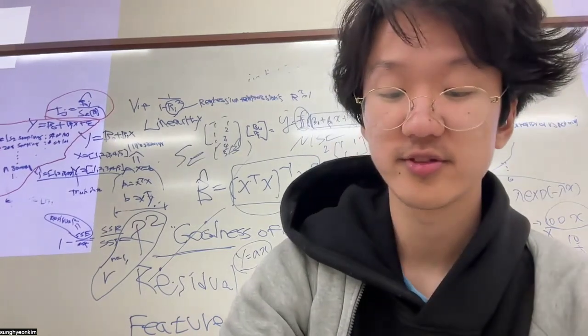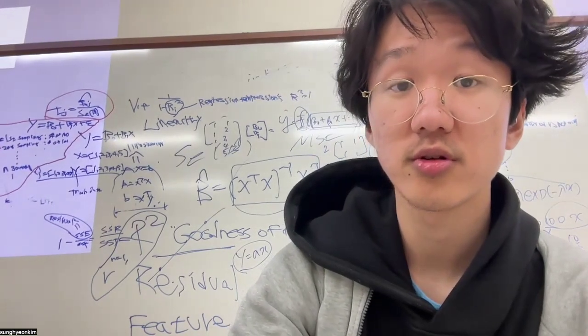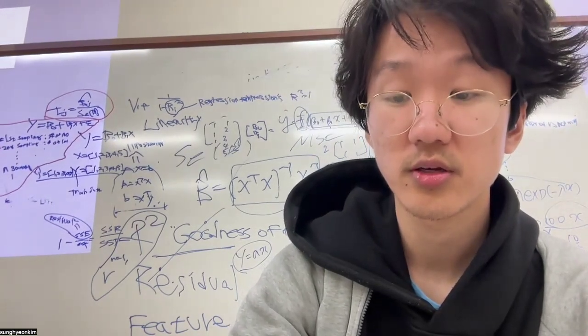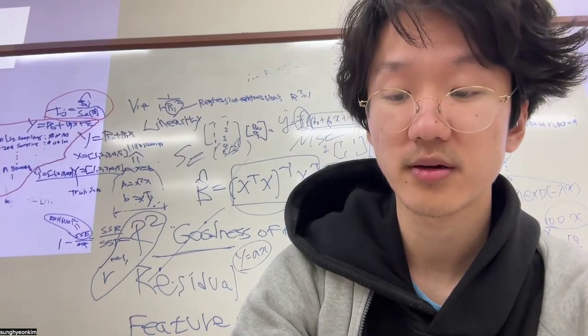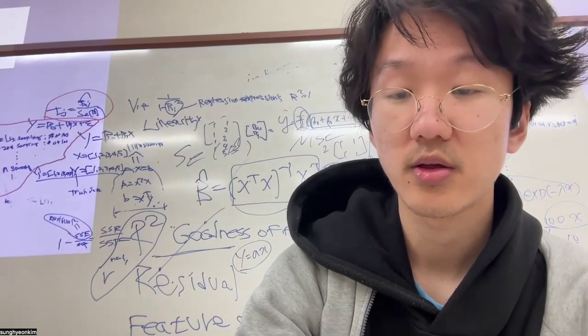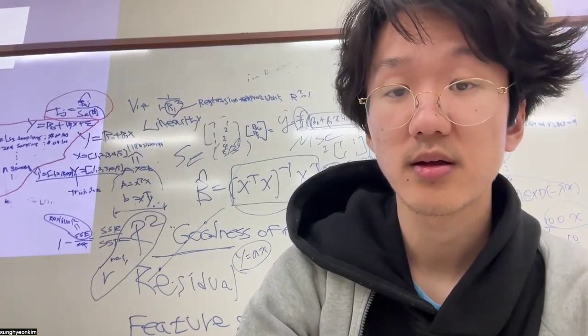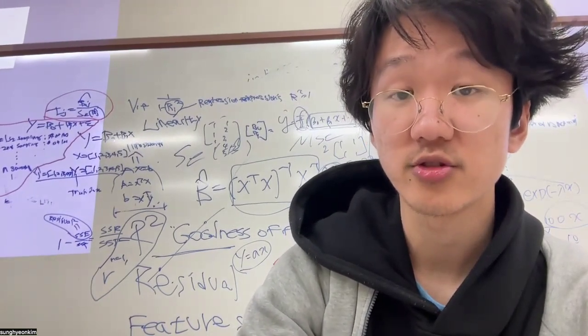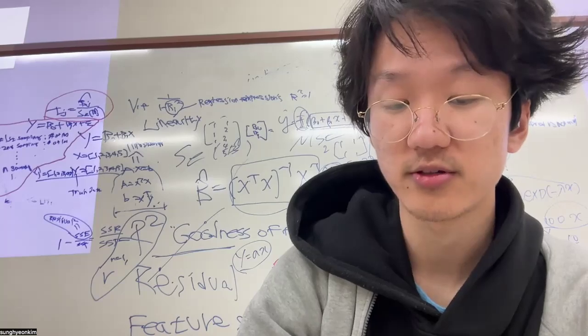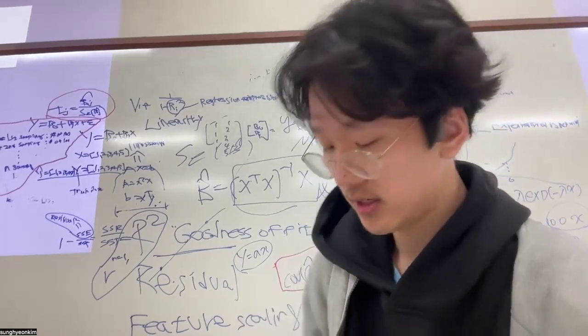Each of the variances, if we say x equals 1, 2, 3, 4, 5, y equals 1, 2, 3, 4, 5, y hat equals something like 1, 3, 5, 7, 9.